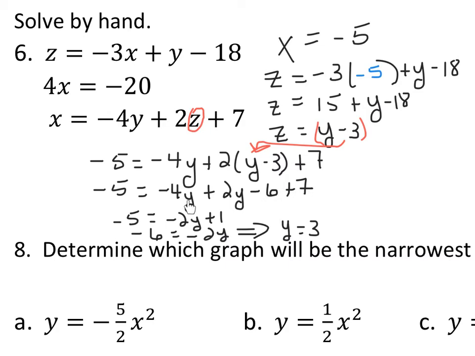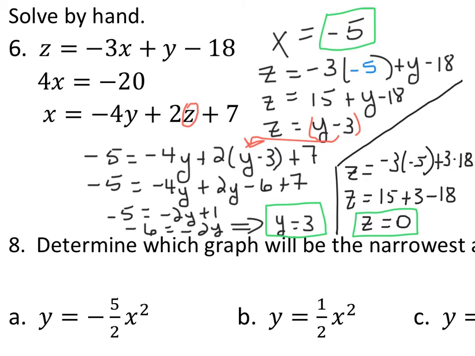I got -4y plus 2y minus 6 plus 7. And then I combined like terms. And then I subtracted the 1, so now I have -6 equals -2y, y equals 3. So now I know that x is -5 and I know that y is 3. So I can take these two values and plug them back into the top equation and solve for z.